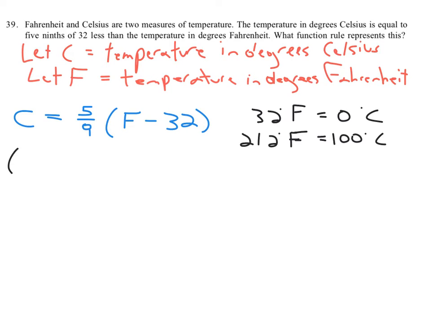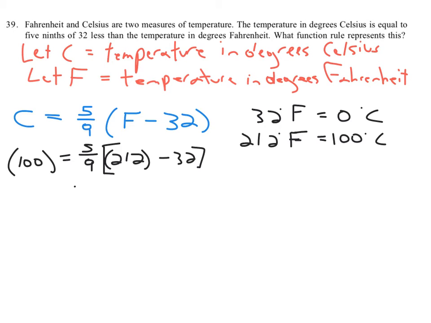If we put in 100 for Celsius equals 5/9 of Fahrenheit, which we can put in 212, minus 32. And let's solve this out and see if it works.